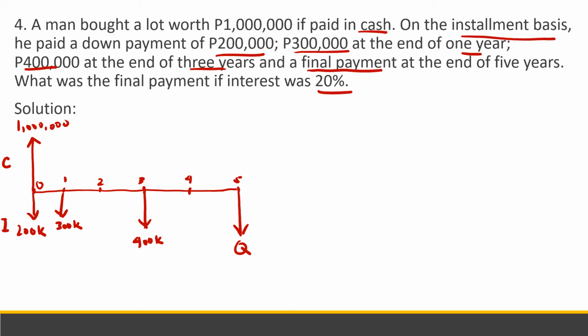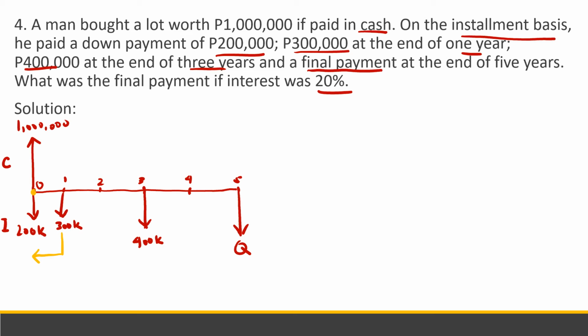In this example, we will refer to year 0, the start of the first year, because that is where the known values are. So the 300,000 we will move to year 0 using compound interest, but given the future and what we are looking for is the present worth.